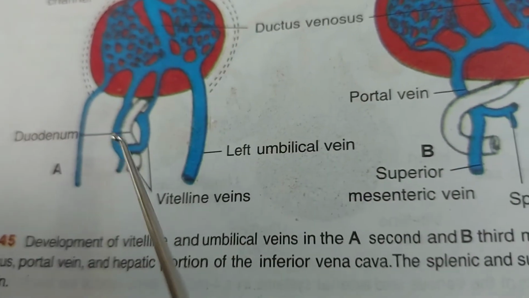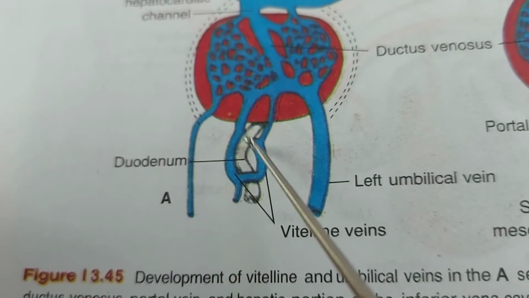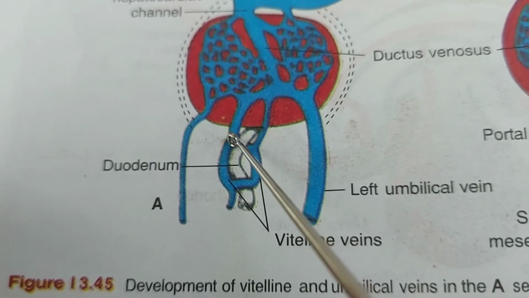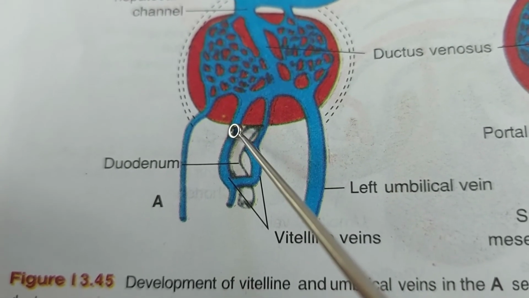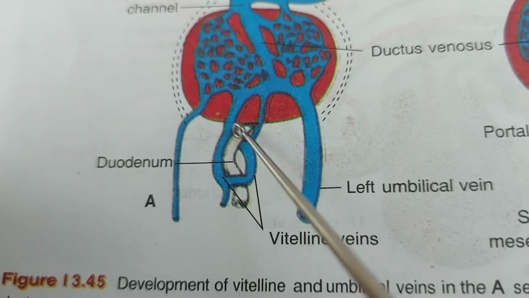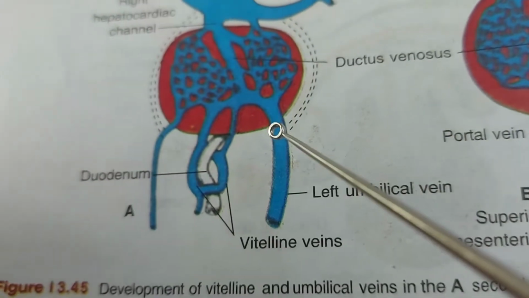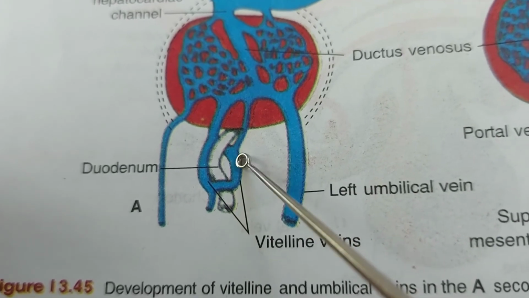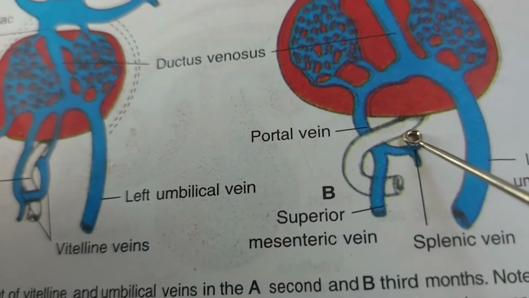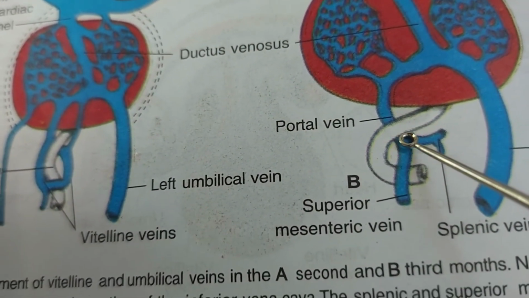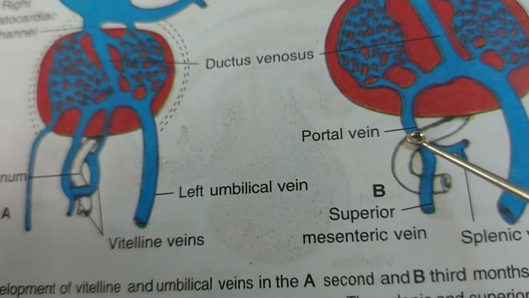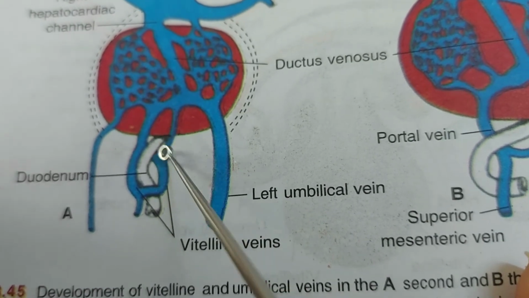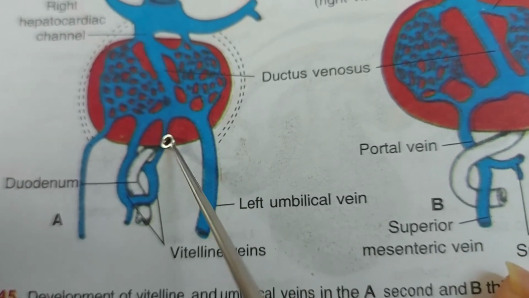And here we see the supraduodenal part forms from the right vitelline vein, the retroduodenal part is the anastomosis between left and right, and the infraduodenal part is solely the left vitelline vein.